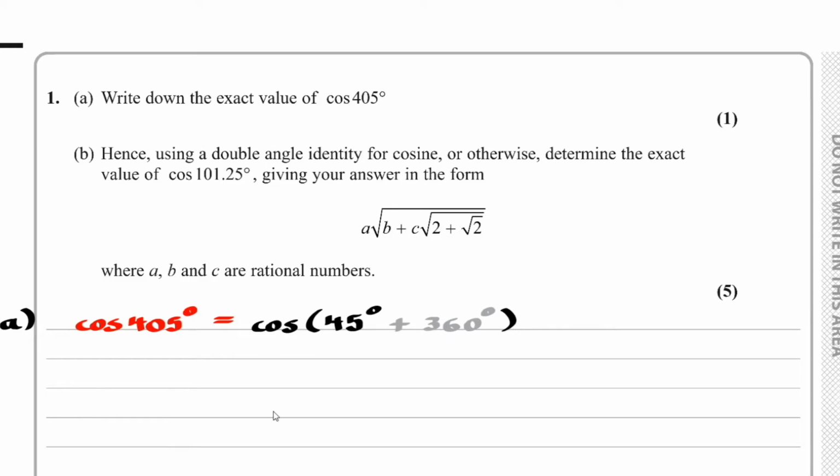So the cosine of 45 degrees is equal to root 2 over 2, and therefore the cosine of 405 degrees is equal to root 2 over 2.